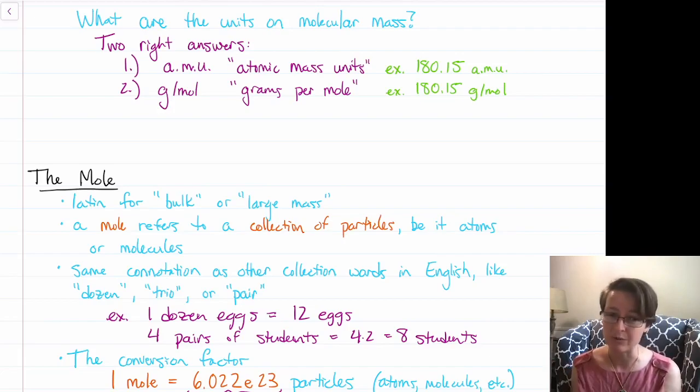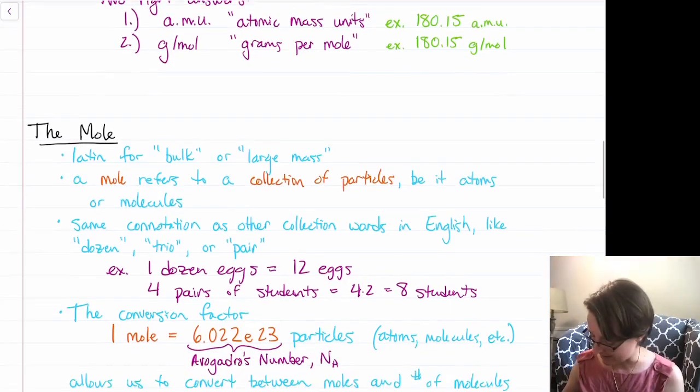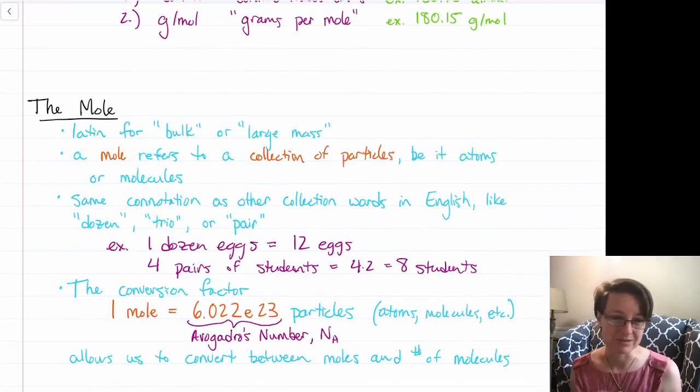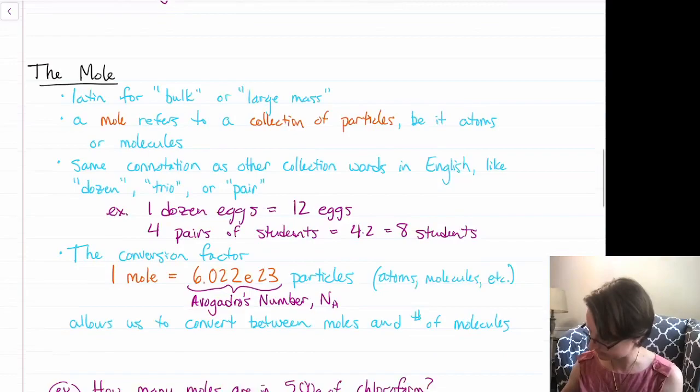And it turns out the only way we could make that happen was to make the mole, an Avogadro's number, be this very specific quantity. So always, this is our number. It's kind of just something to know or to memorize or to have given to you on a test. In our class, we'll have it given to you on the test. But it's our conversion factor, and we can use it just like we did in chapter 1 anytime we want to convert between moles and number of particles.